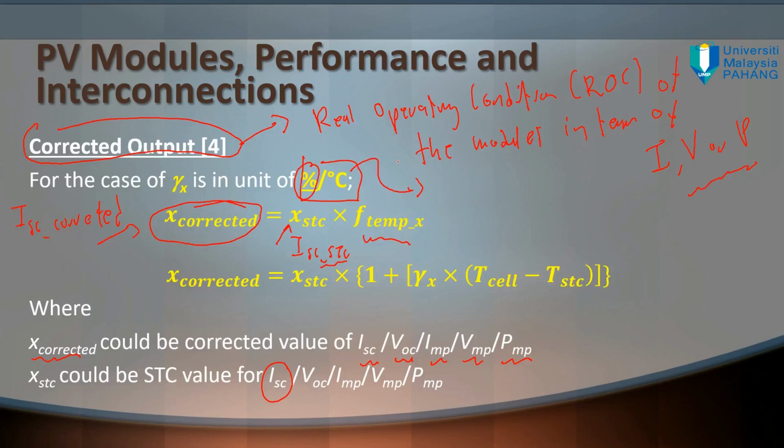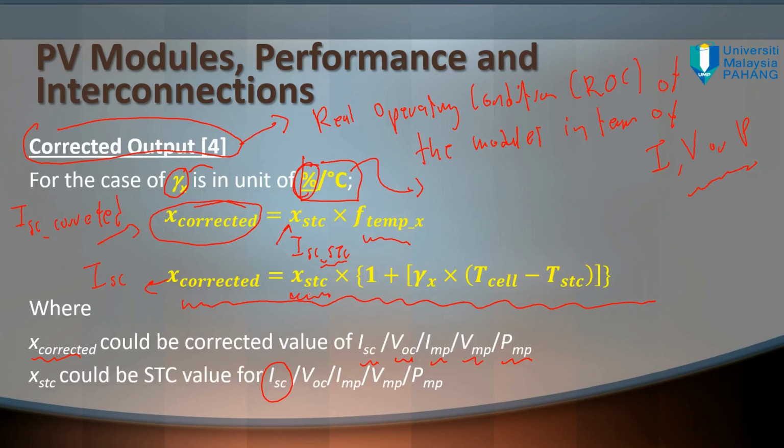What is the meaning of this? But the thing that you need to know is the unit of the temperature coefficient. If the unit of the temperature coefficient is percentage, then this is the equation that you will use. For example, I replace X with the ISC.